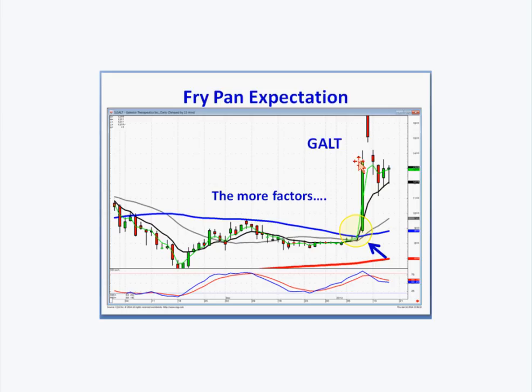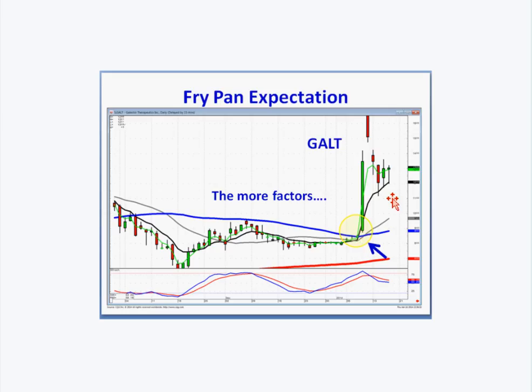Do we always get huge price moves like this on a breakout? Definitely not. But right here gives you such a high probability setup that if you're buying on the basis that two things are going to happen. One, they're going to fail here at the 200, and you get out at the 50, get out of the trade.